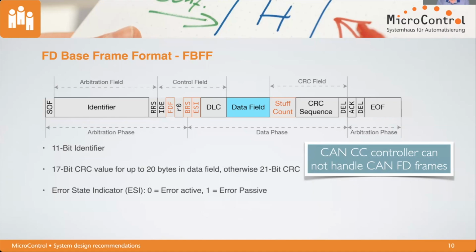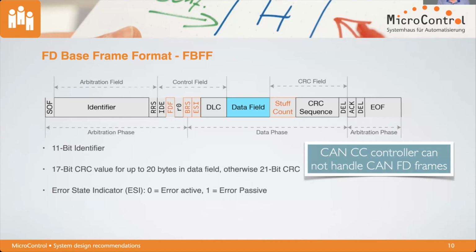The answer is no. We had requests for that in the past, but I have to admit, even within CAN in Automation, there is no real existing specification on how to deal with that, how to map PDOs with only 8 data bytes to PDOs with 64 data bytes and things like that.